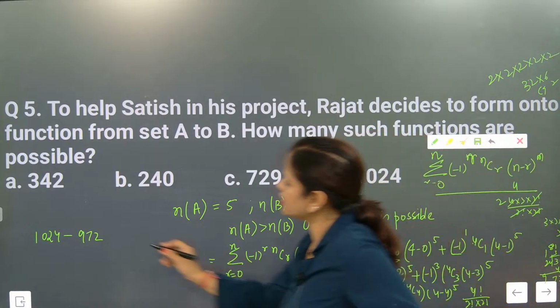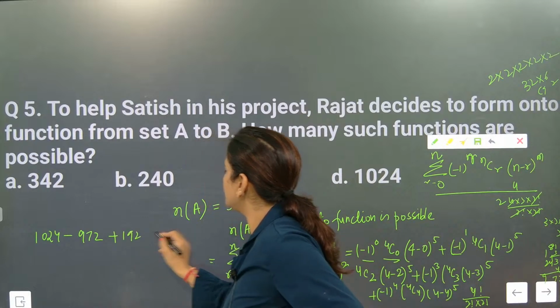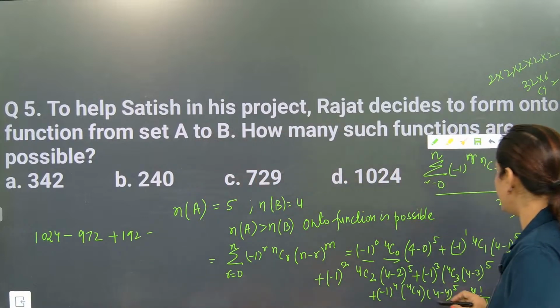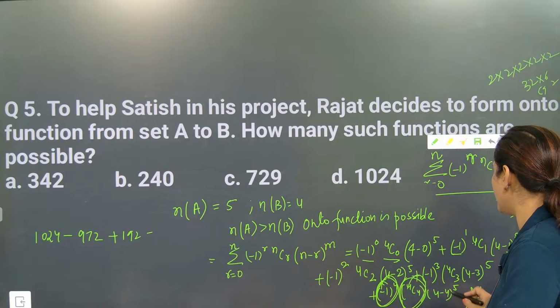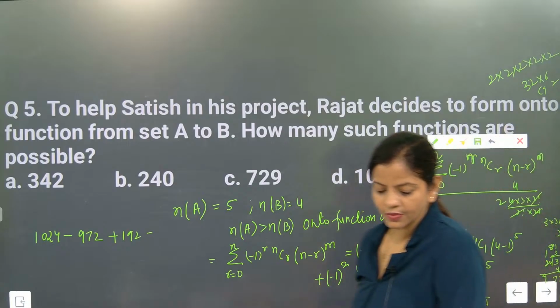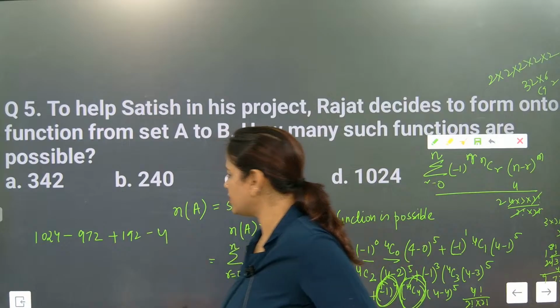So this time it will be plus 192. The last term: 4C3 is 4, times 1 to the power 5, so it becomes minus 4. The final term, 4C4 times 0 to the power 5, is 0.